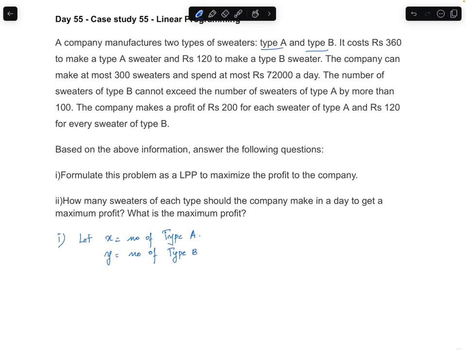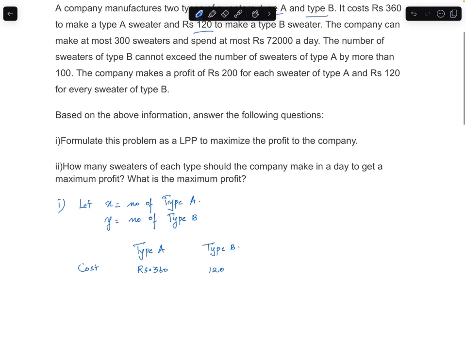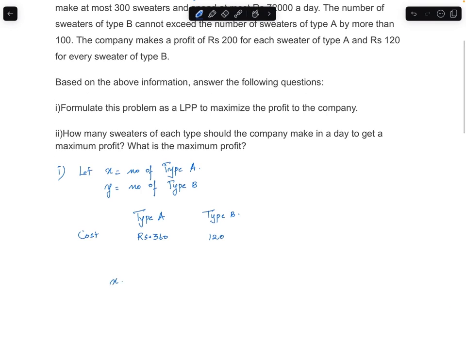It costs rupees 360 to make a type A sweater, so for type A, cost is rupees 360. And for type B, the cost is 120. The company can make at most 300 sweaters, which means the sum of X and Y can't exceed 300. So this is one constraint.